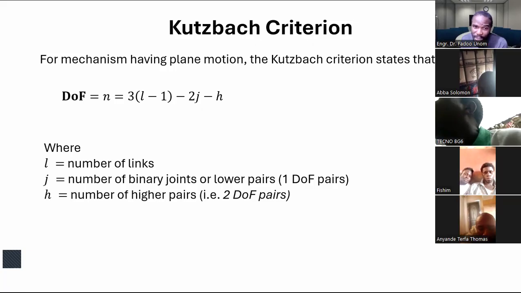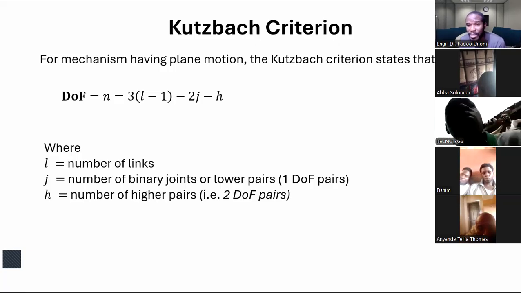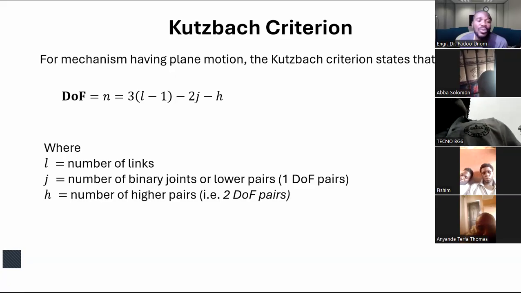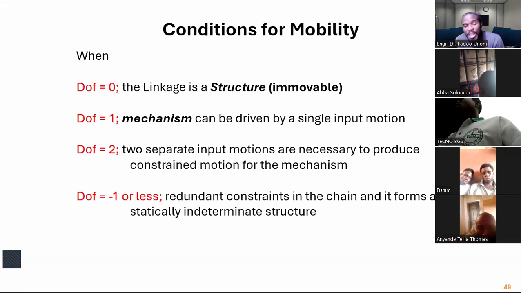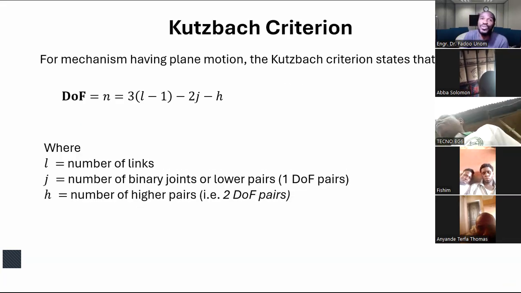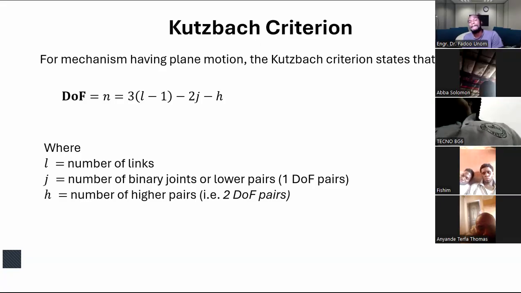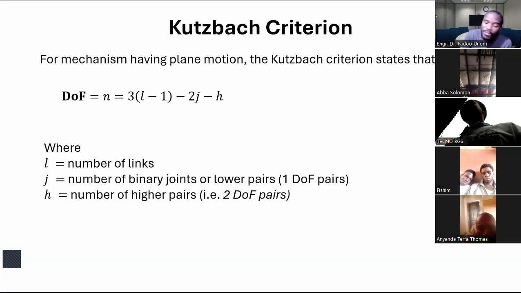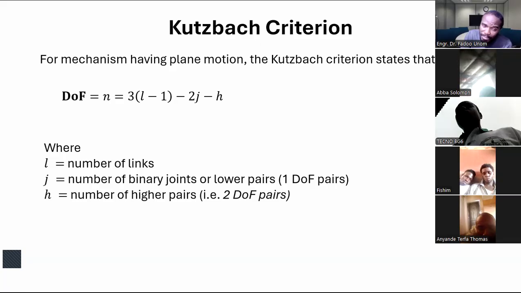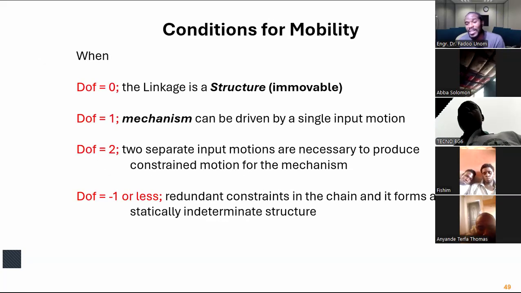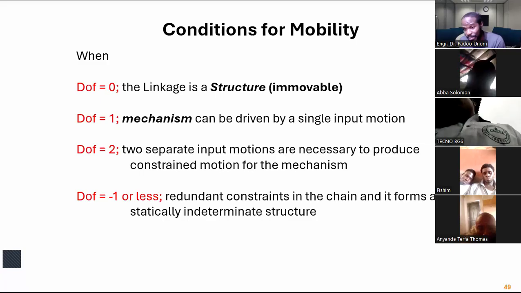So when we start calculating, we want to apply the Kutzbach criterion to check how many degrees of freedom this mechanism has. We use this equation: n equals 3 bracket open L minus 1 bracket close minus 2J minus H. If you employ that for a mechanism and you find that the degree of freedom is 0, that means that linkage is a structure.